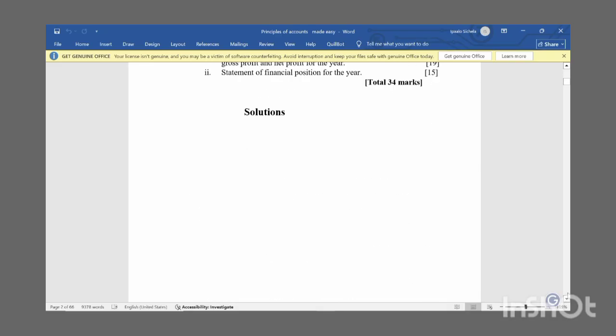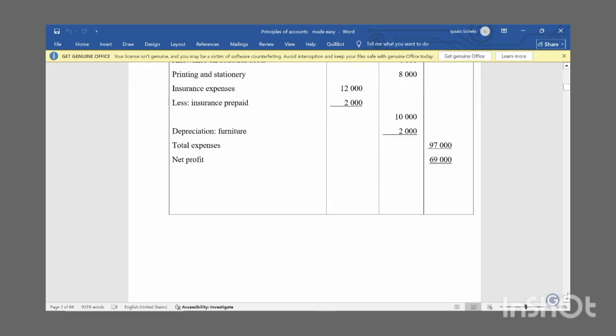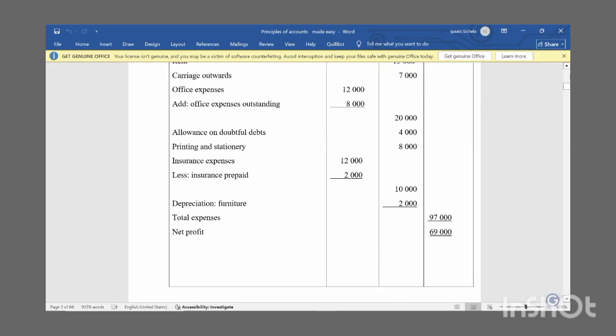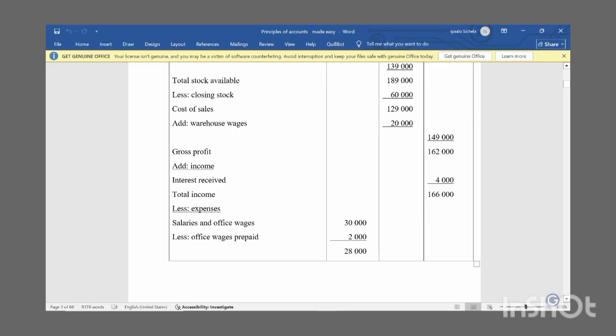So we're going to include it under income, interest received. Interest received was 4,000. So this 4,000 will be added to 162,000, which is the gross profit, to get a total income, which is 166,000.